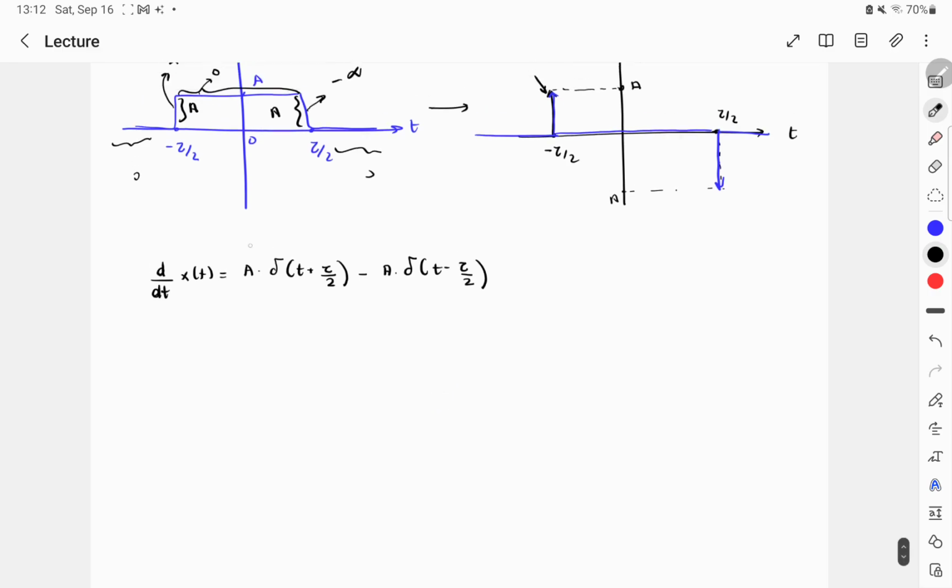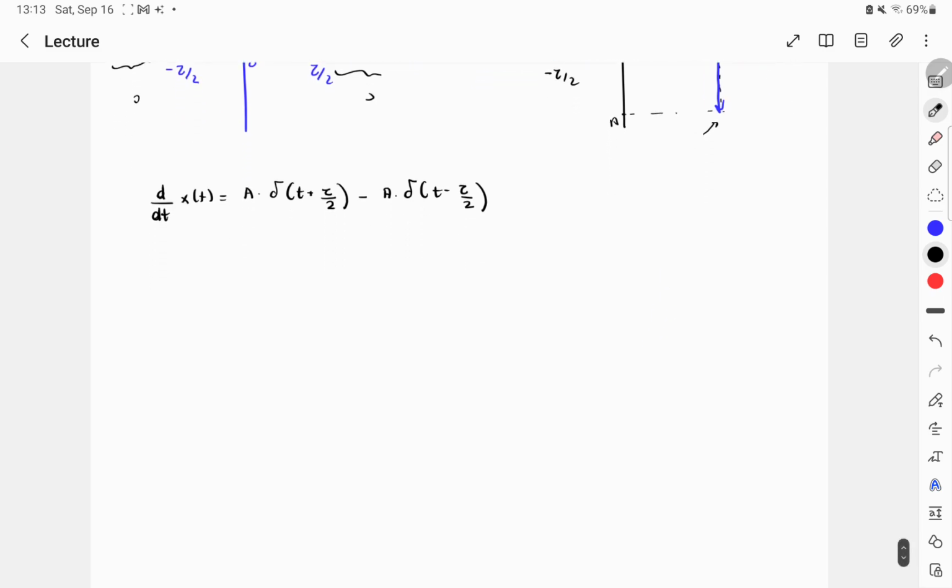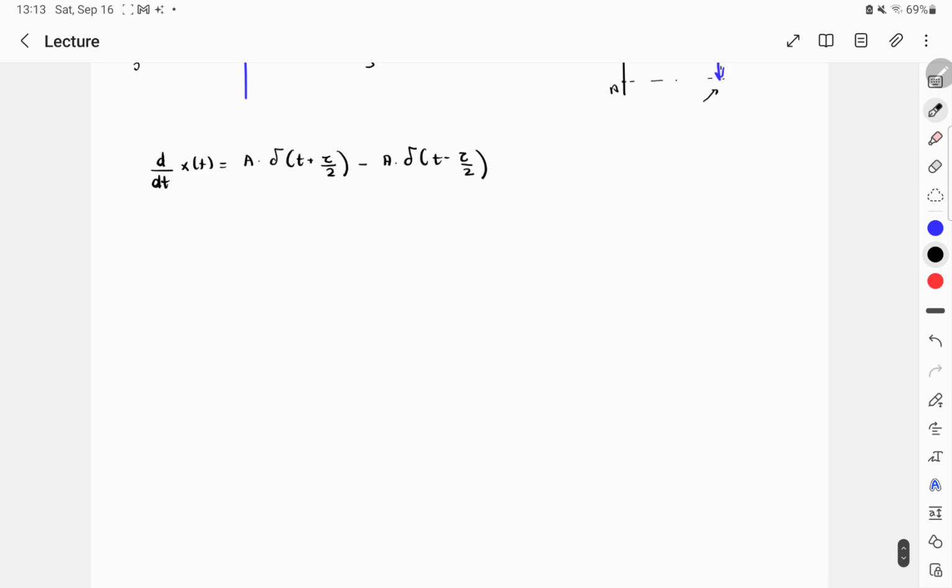The reason we multiplied with a is that delta normally has an amplitude of 1, but we need an amplitude of a. Since it is at minus tau over 2, we have a plus here, and here we have minus for obvious reasons, as this is a minus amplitude. And that's it.